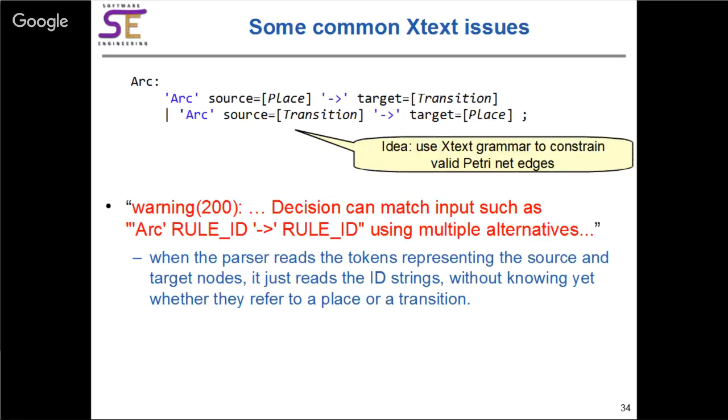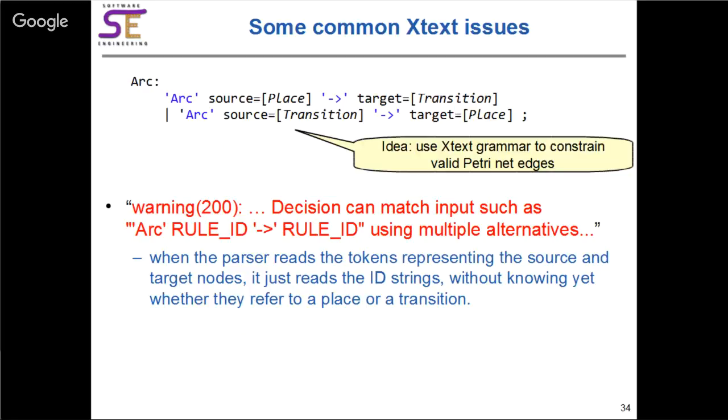It could, of course, look at the ID and try to see whether the ID belongs to a place or not. But at that stage of parsing, it hasn't resolved the types of what the IDs represent yet.